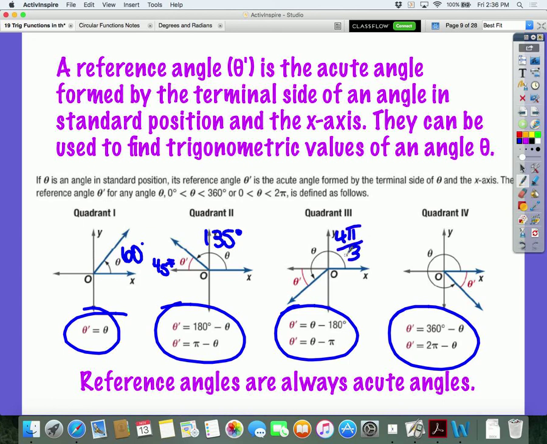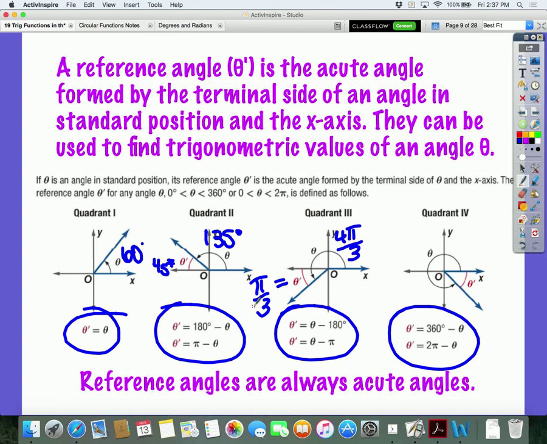4 pi over 3 is theta, and they want you to find your reference angle. Well, in this case, all you do is take theta and subtract pi from it. So what is 4 pi over 3 minus pi? Pi over 3.